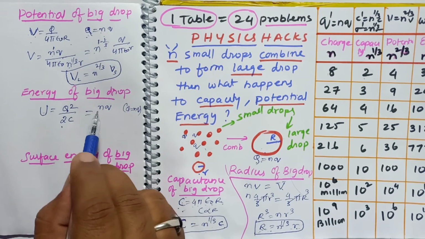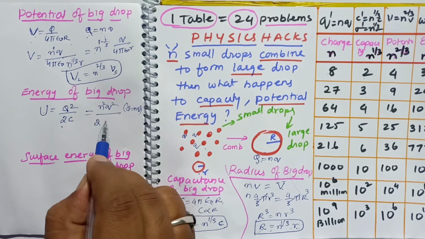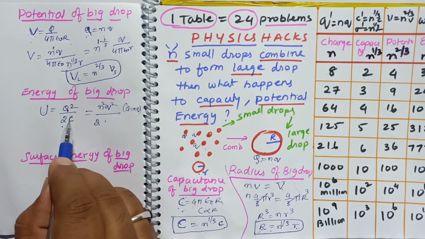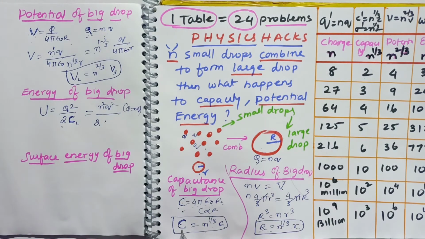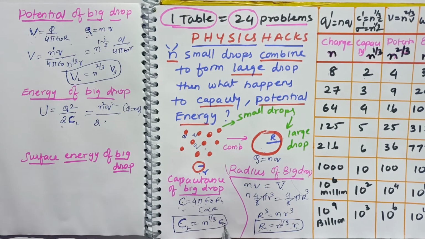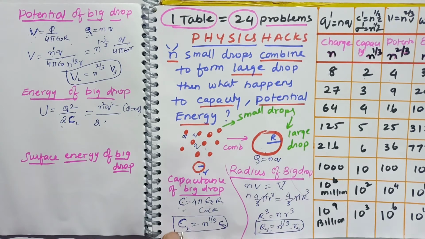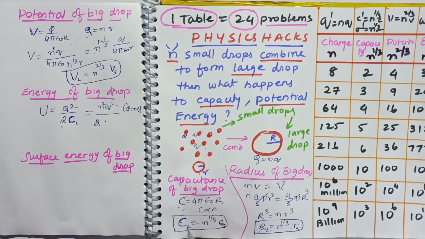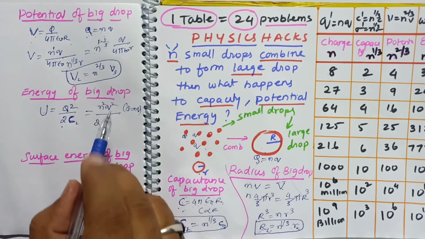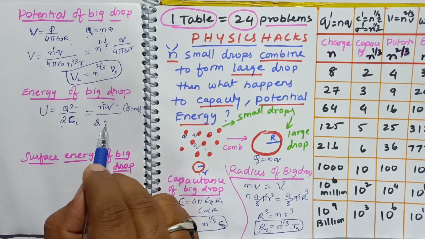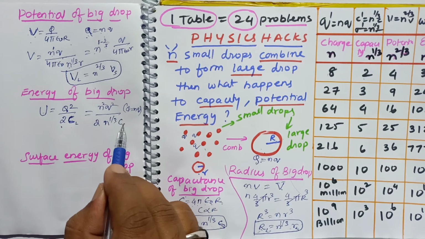So in the place of Q you can write n square q square whole divided by 2 into C, where C is the capacity of the larger drop. Since the capacity depends on the radius, capacity of the larger drop is going to become n power 1 by 3 times the capacity of the smaller drop.